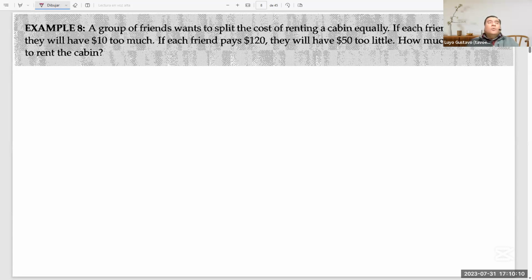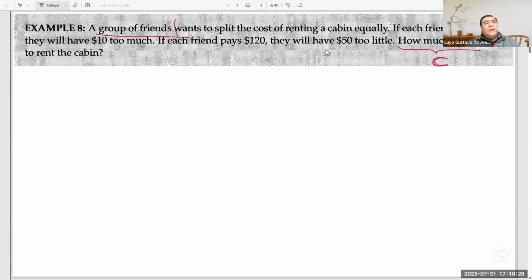So what are our unknowns? The main unknown is the cost of renting the cabin. Let's call this C. But there is another unknown here. There is just mentioned a group of friends, and we don't know how many these friends are. So let's say this is n. So considering this, what would be the interpretation of the statements?